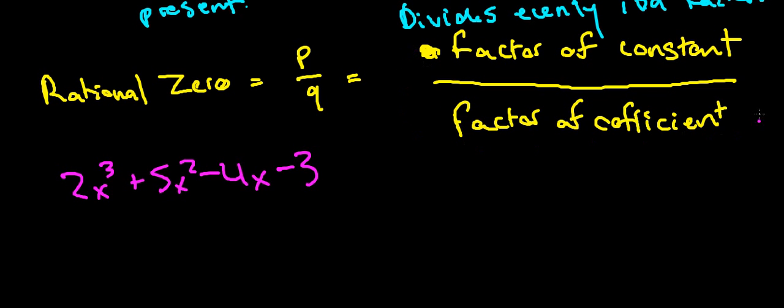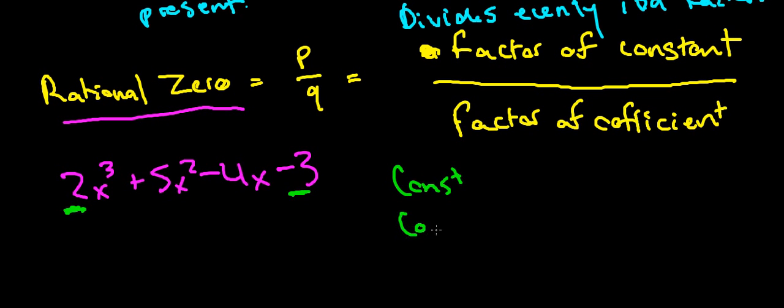This is what's going to give us our pool of numbers. We know that if there is a rational zero, it has to be a factor of the constant divided by a factor of the coefficient. But, as we see over here, there is more than one factor. This is the factor of the coefficient, and this is the factor of the constant.